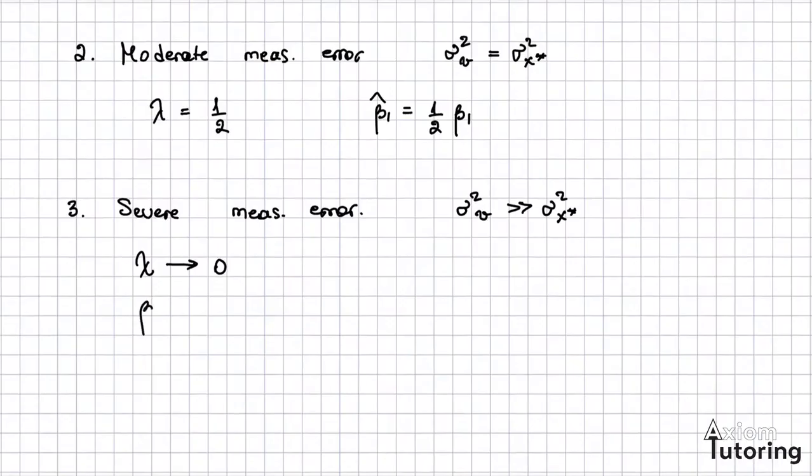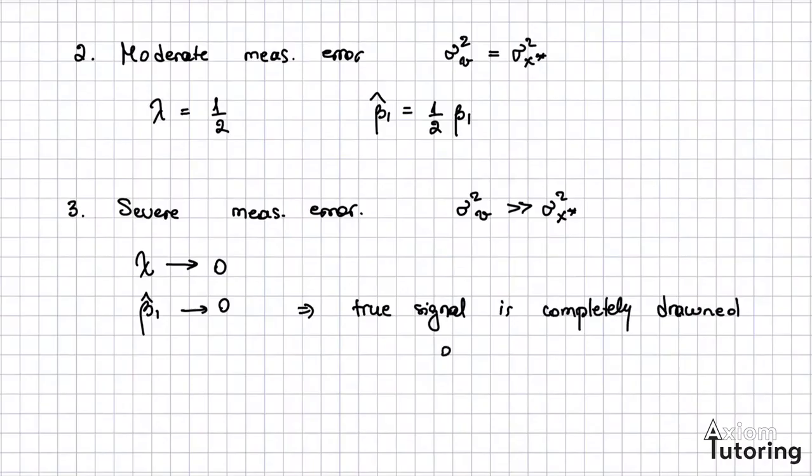If that is the case, that means that beta 1 hat is also getting closer and closer to 0, which means that the true signal in this case is completely drowned out by noise. So in the extreme case, the estimated coefficient completely collapses to 0. Even though the true relationship might be strong, the noise has overwhelmed the signal entirely.